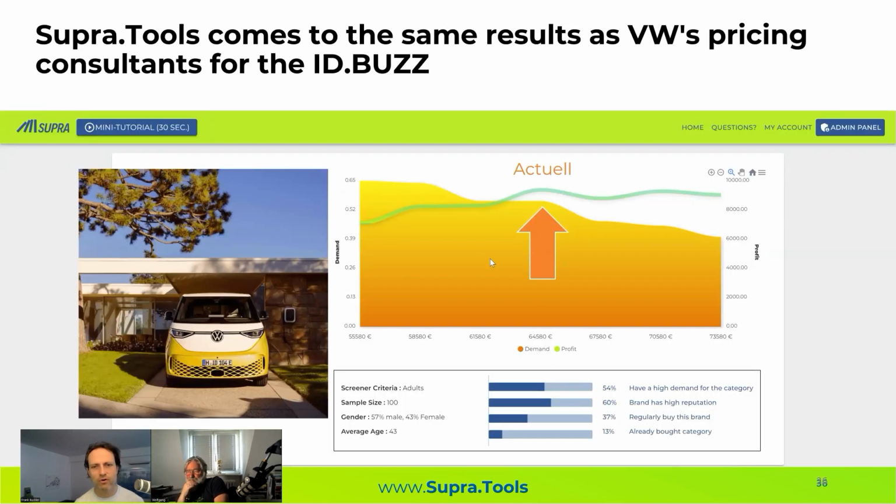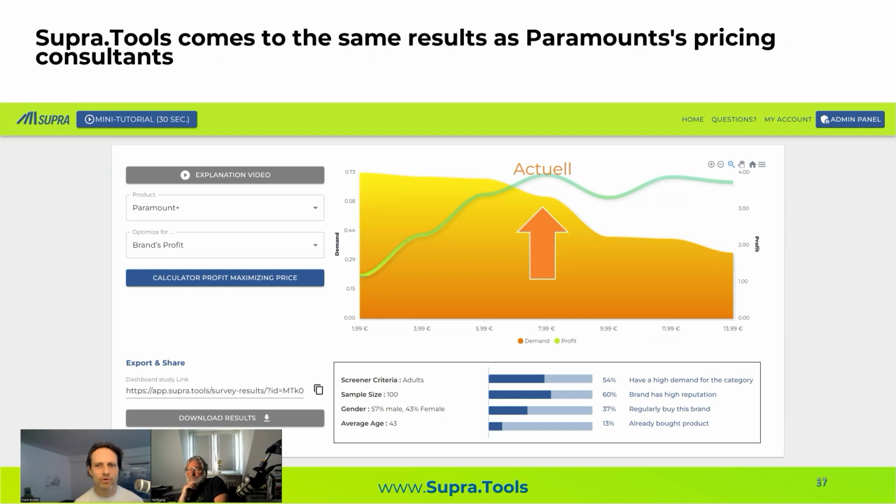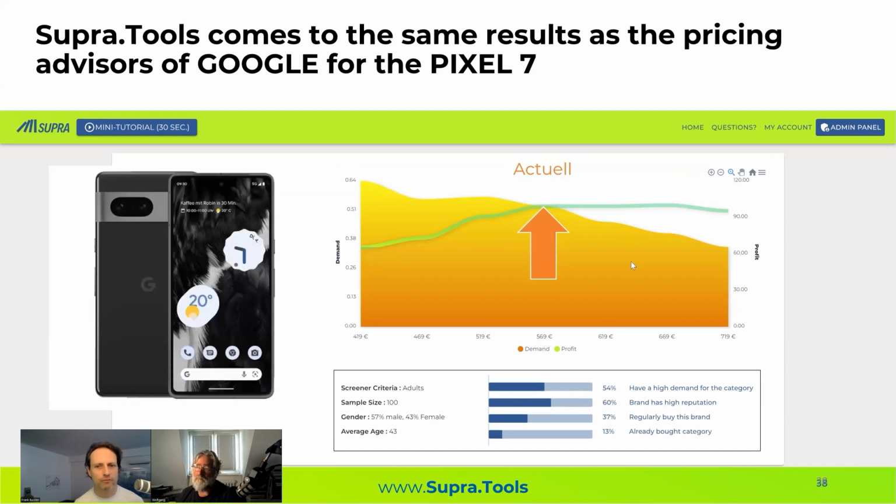Exactly, Supra found the price which Volkswagen is offering. We found the price that Paramount Plus found for their new launch, and we actually found the shelf price which Pixel 7 is offering, for instance, here at Amazon.